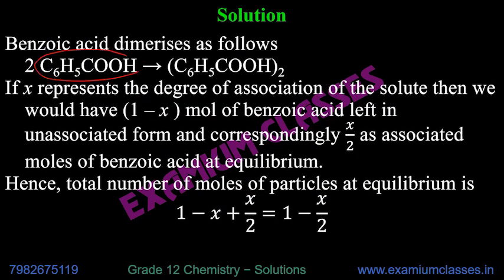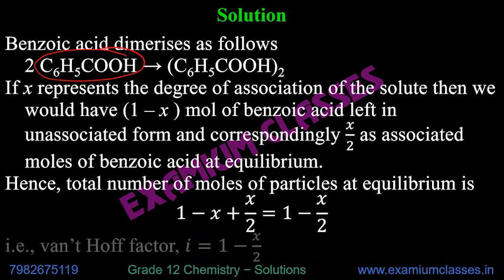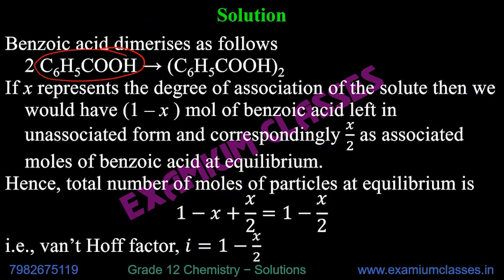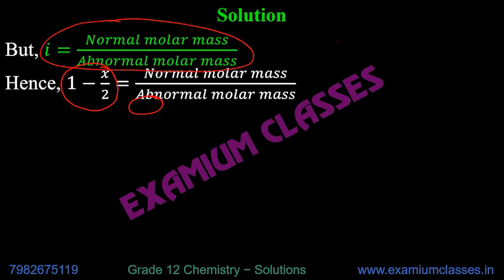This will give you normal molar mass. C6H5COOH: if you calculate, it will be 12 sixes are 72 plus 5 plus 12 plus 32 plus 1. Okay, 7, 9, 11, 12. So 122 you will get, right?